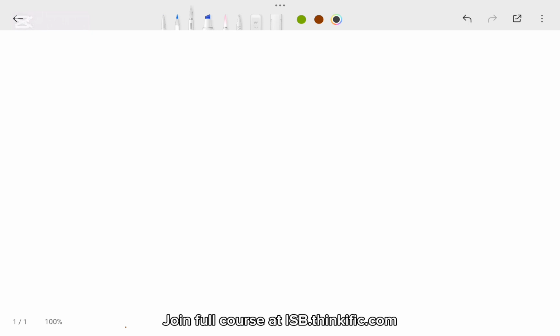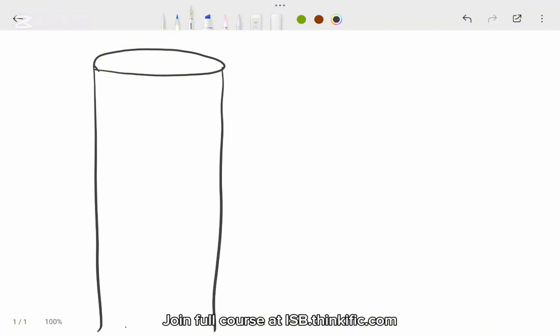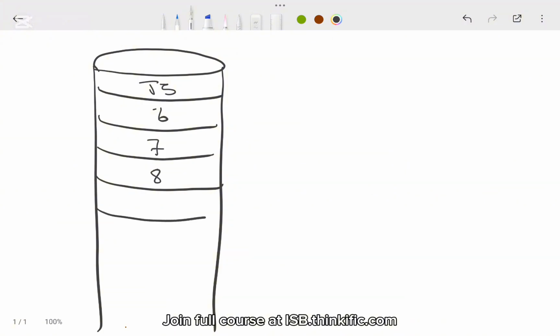So, let's draw a spinal cord here, okay? That's the spinal cord sections. Starting from T5, okay? That's T5. 6, 7, 8, 9, 10. Of course, that's 11 and 12, okay?